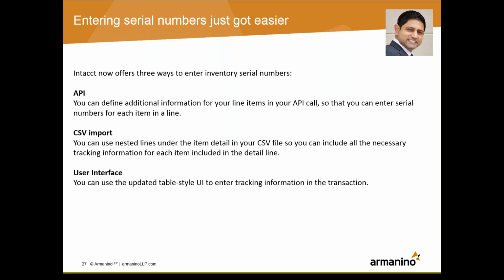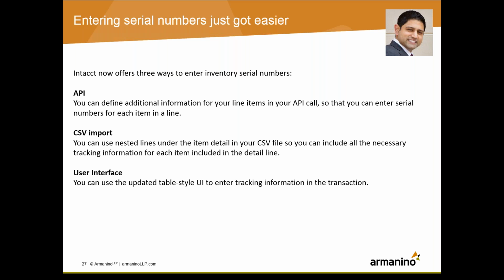But Intacct has now introduced this in the form of being able to update it via the API, through a CSV import, or of course through the user interface in a table style. So serial number tracking is now possible, and you can manage it in various ways.